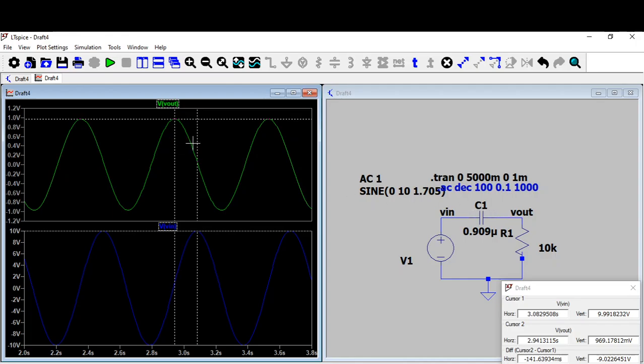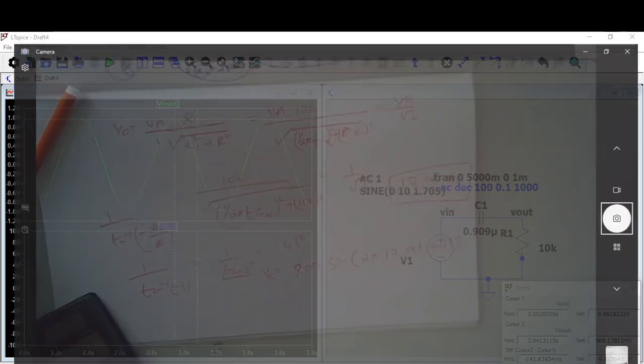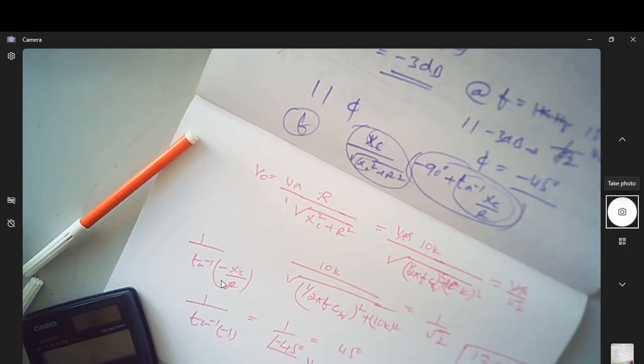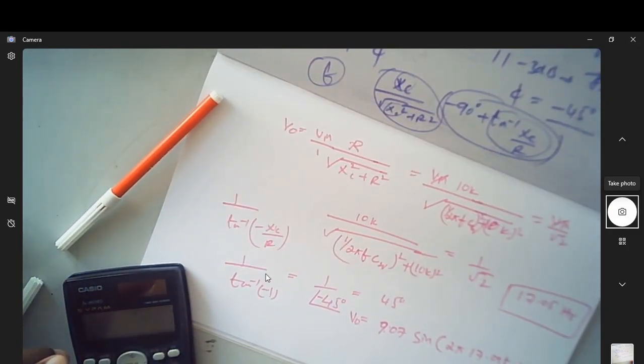So here the phase shift is more than 45 degrees for very low frequencies. For a frequency of 17.5, the phase shift is 45 degrees. When the frequency is very high, there was no phase shift. So it purely comes from this equation, because this is my phase shift.